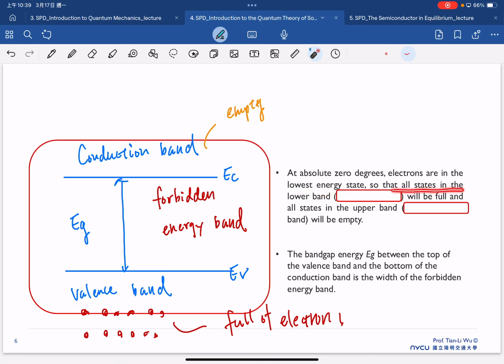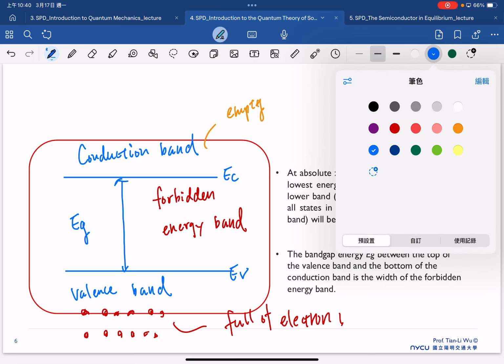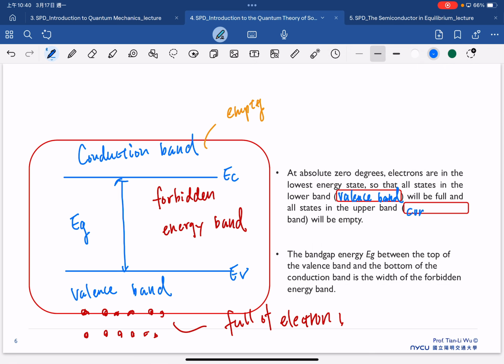So all the states in the lower band, which is what we call the valence band, will be full, and all the states in the upper band, the conduction band, will be empty.